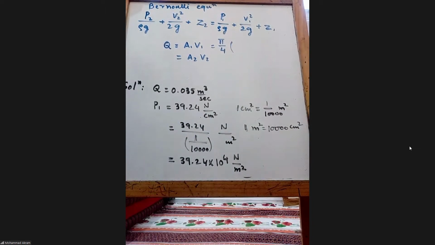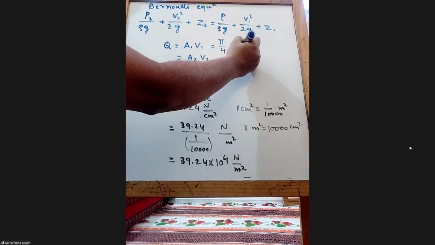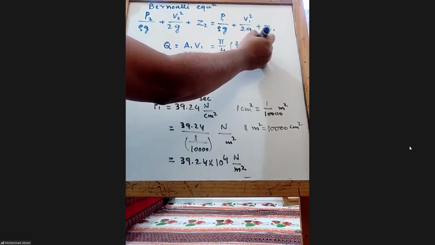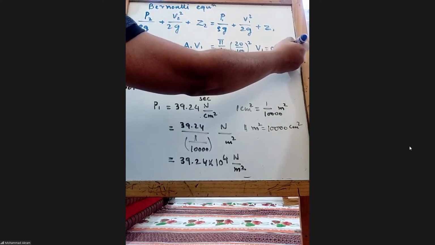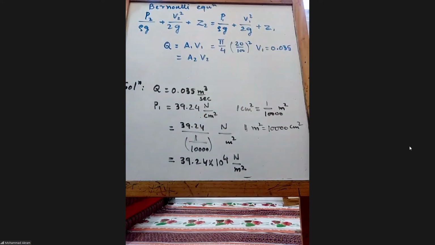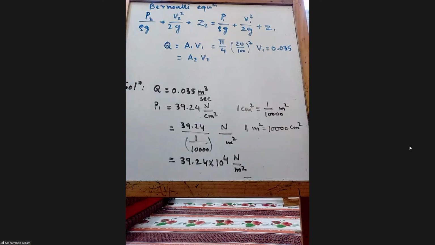D1 is given as 20 centimeters, so 20 by 100 square into V1 equals 0.035. What is 0.035? The value of Q is given. So from this you will get V1.